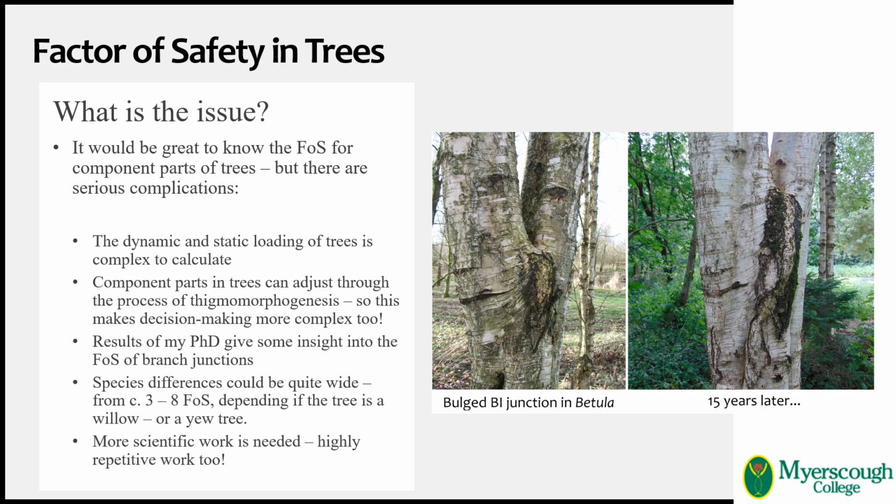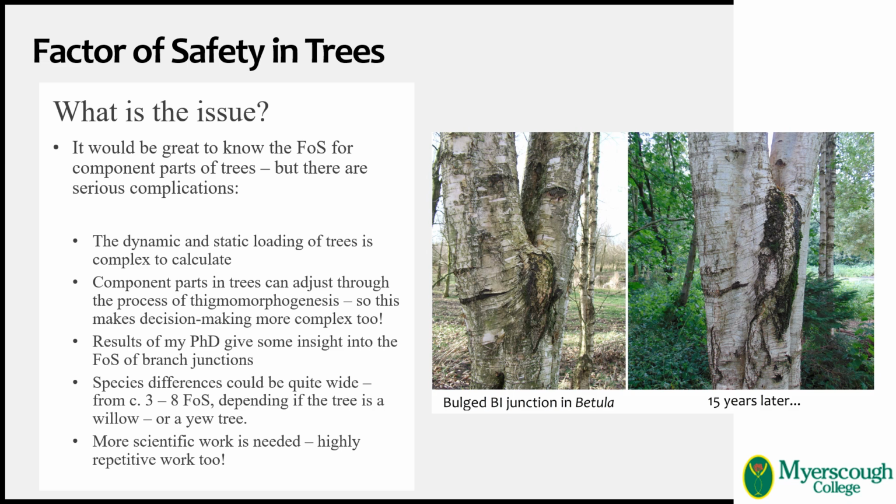A normally formed junction would have a factor of safety of 4 to 5, a cup union between 3 to 5, a bark-included junction with little modification, so not much bulging, would have a factor of safety of about 2, and a cracked branch junction would have a factor of safety of about 1, or essentially no margin of safety.